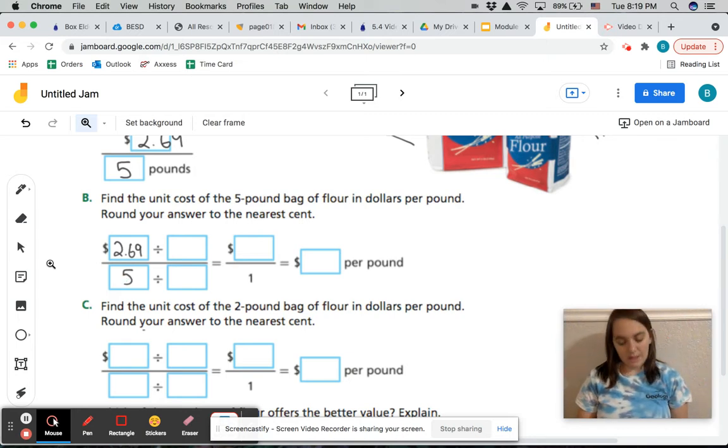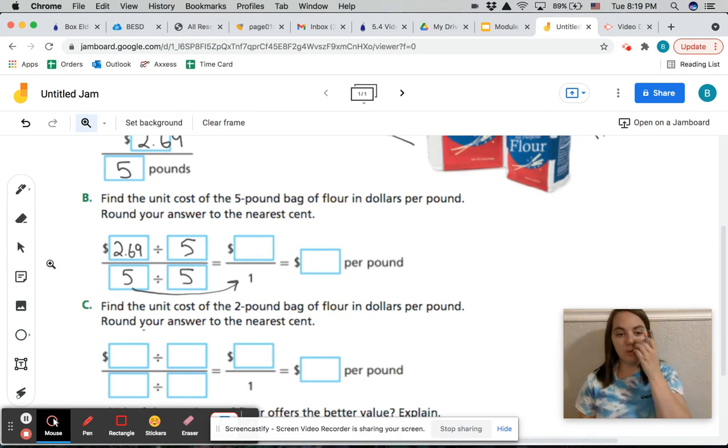In order to get this 5 to be a 1, we're going to divide it by 5, because 5 divided by 5 is 1. And what we divide on the bottom, we have to divide on the top. So you're just going to put the same thing in that box right there.